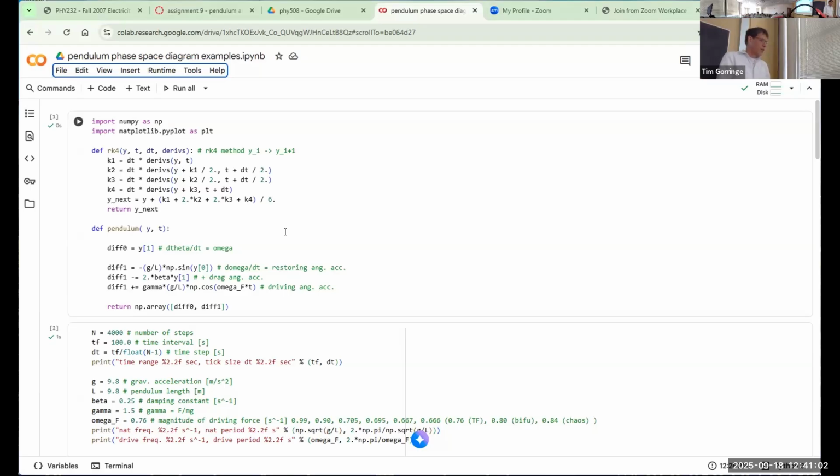So here it is. It's actually just the code that we used in the last class, but I've just added the plotting for the phase space plot. So in this code, I'm going to plot, instead of just theta versus time and omega versus time for the pendulum, the phase space plot so we can see those, and we'll just work our way through from the simple motion without damping, without driving forces, to the more complicated motion with damping and driving forces, and bump into chaotic motion.